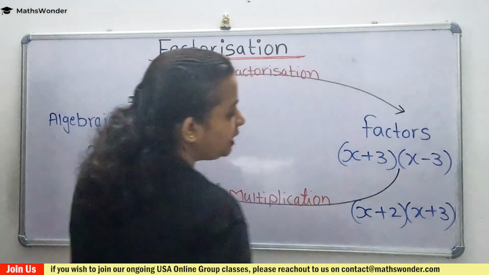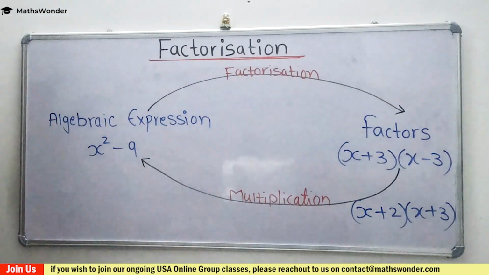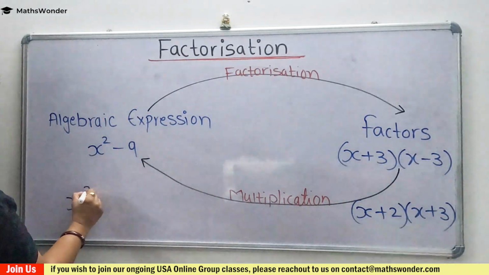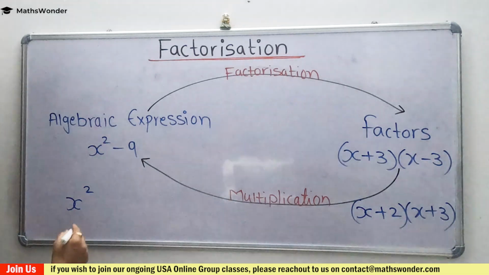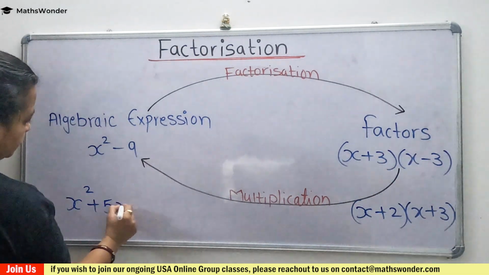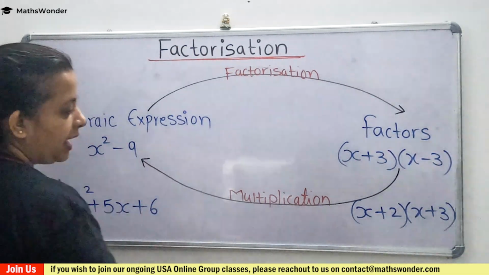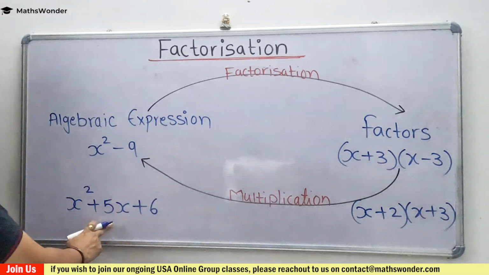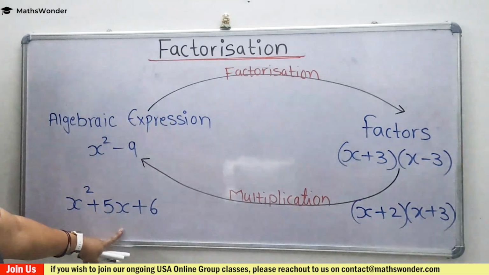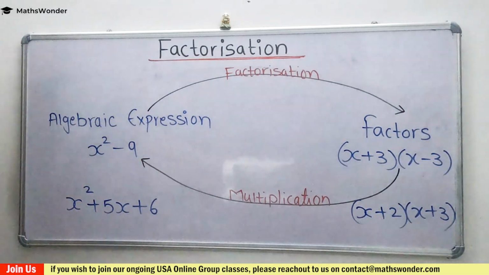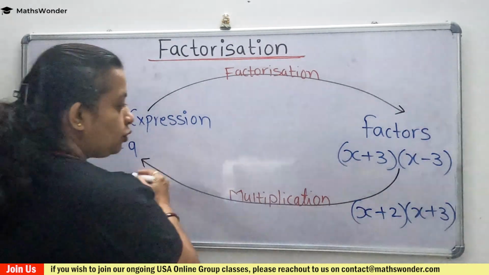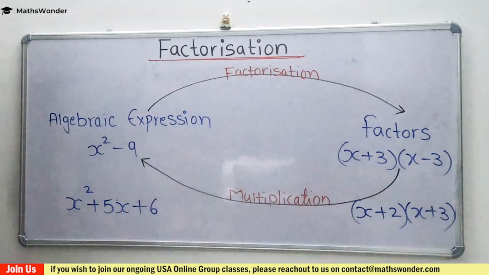When you solve this, you will reach x square plus 5x plus 6. So when you do this, you will call it a multiplication. But the same thing, if you do it in reverse order, we call it a factorization. Understood? Okay? Perfect. Understood both of you?